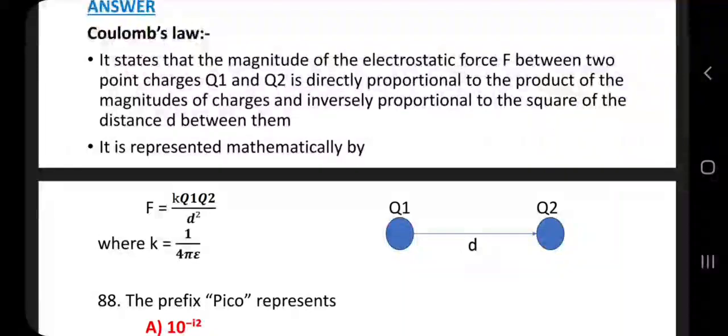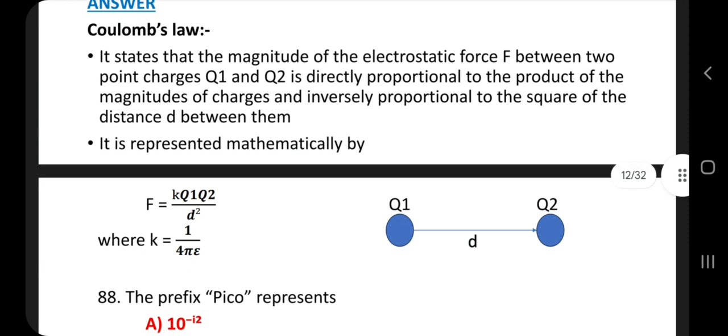It states that the magnitude of the electrostatic force F between two point charges Q1 and Q2 is directly proportional to the product of the magnitudes of charges and inversely proportional to the square of the distance d between them. It is represented mathematically by F equal to K into Q1 Q2 divided by d square, where K equal to 1 by 4 pi epsilon.